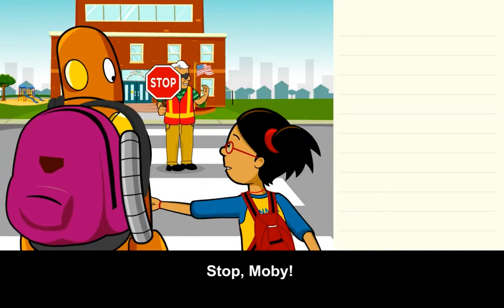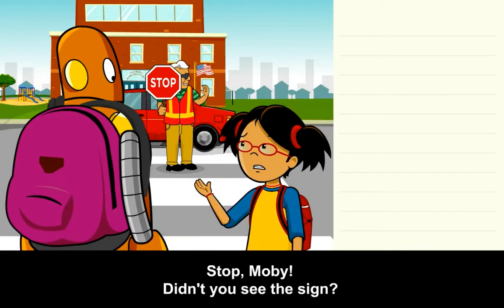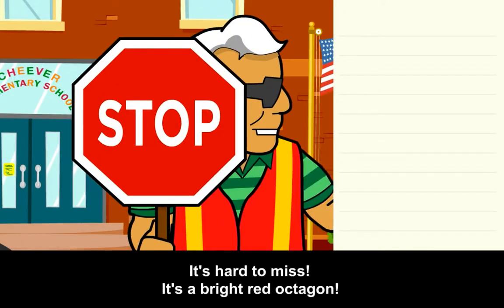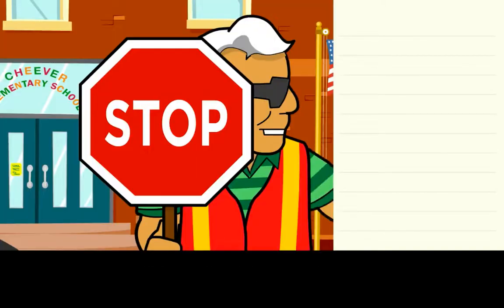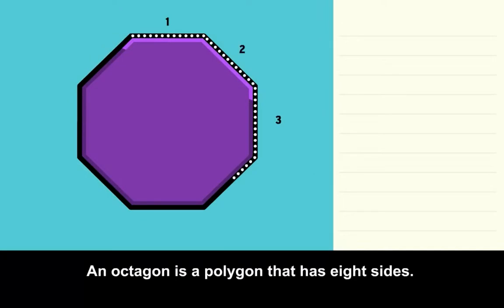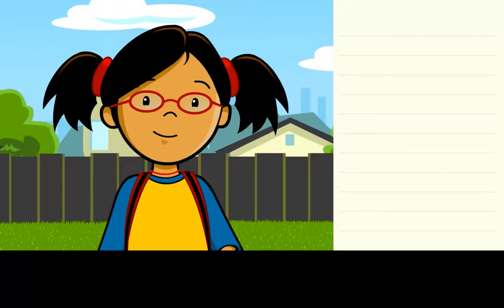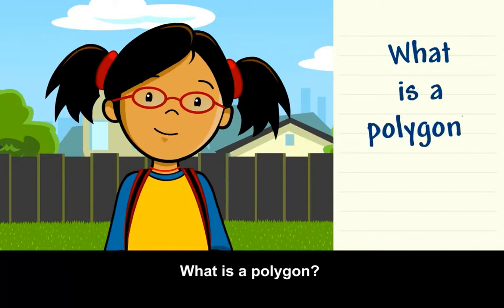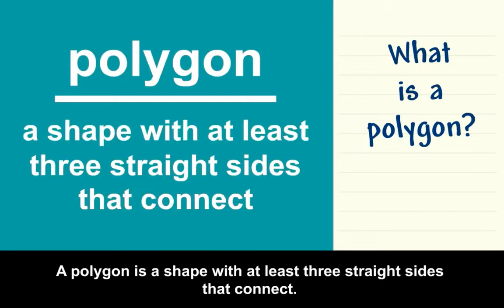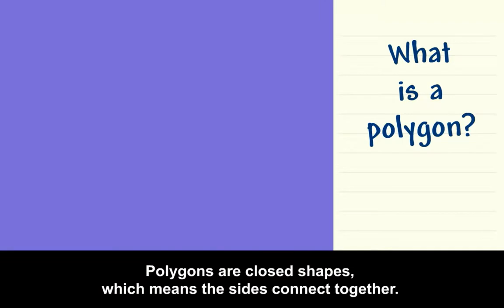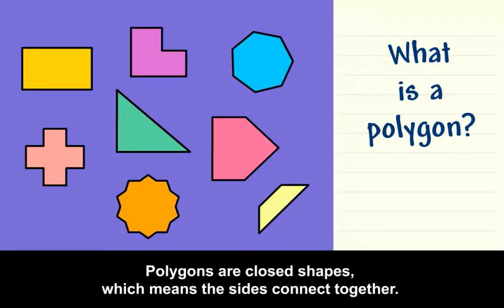Stop, Moby! Didn't you see the sign? It's hard to miss. It's a bright red octagon. An octagon is a polygon that has 8 sides. What is a polygon? A polygon is a shape with at least 3 straight sides that connect. Polygons are closed shapes, which means the sides connect together.